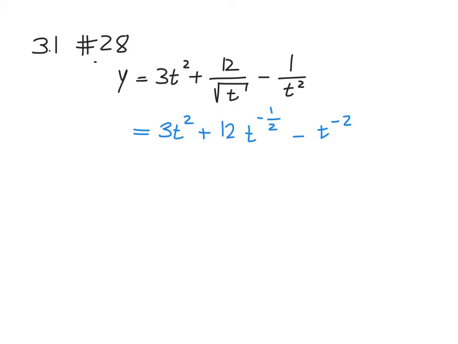So that's what I did here. I just rewrote the whole function as a sum or difference of certain power functions times a constant multiple. And now it's much easier to compute the derivative because we can go through it applying the sum or difference rule, term by term.